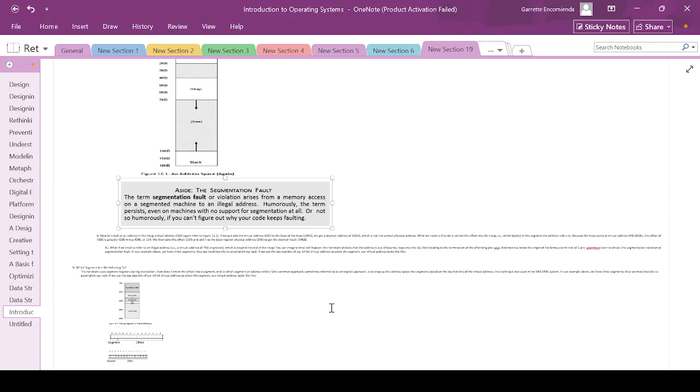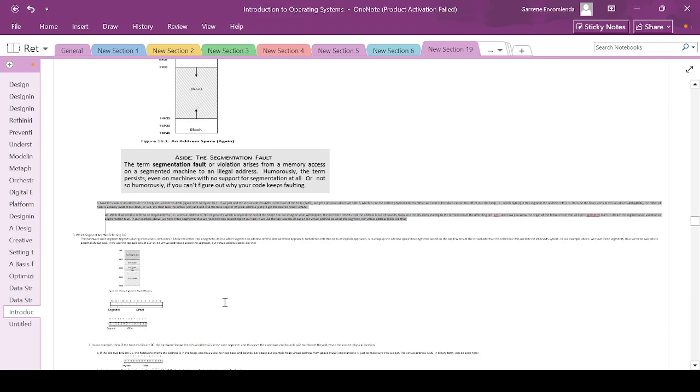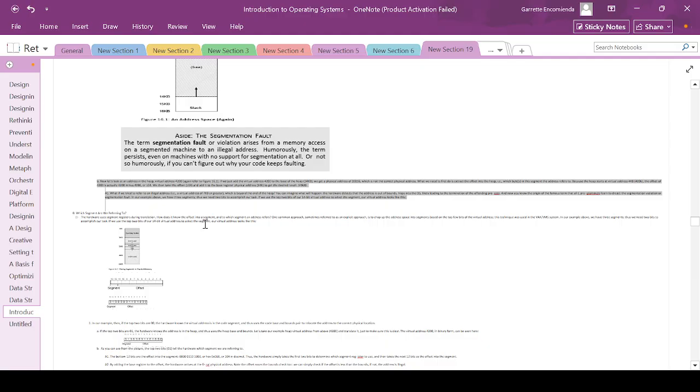That's what we call a segmentation fault, when a process is trying to access memory that is out of bounds, or that it doesn't have kernel mode access to. Humorously, the term persists even on machines with no support for segmentation at all, or not so humorously if you can't figure out why your code keeps faulting. It's not funny anymore if you can't figure out why your code keeps faulting.